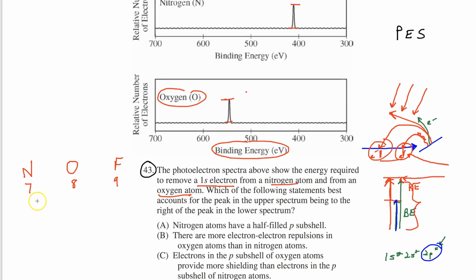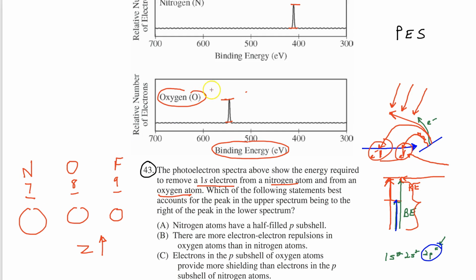In the same energy level, and this is n equals 2, as we go across, we know the atoms get smaller. Their radii get smaller because their nuclear charge increases, or we say the Z number increases, which means we're adding protons. And protons are now pulling in those electrons a little more tightly.